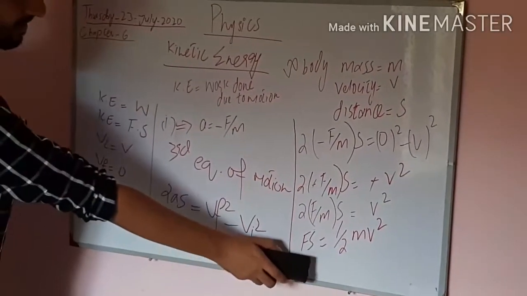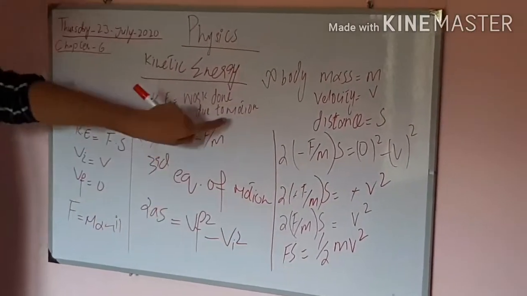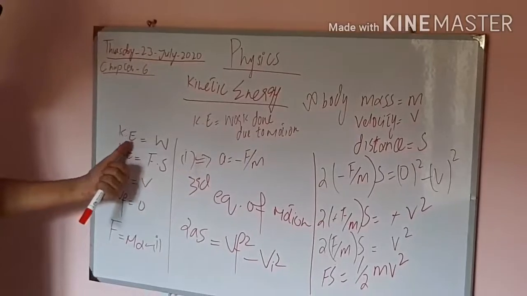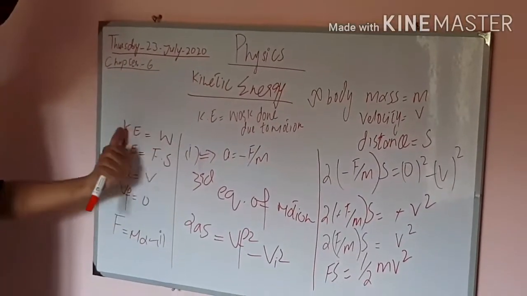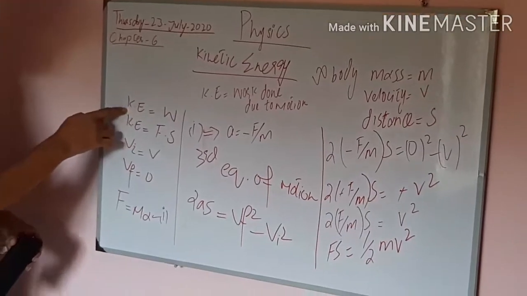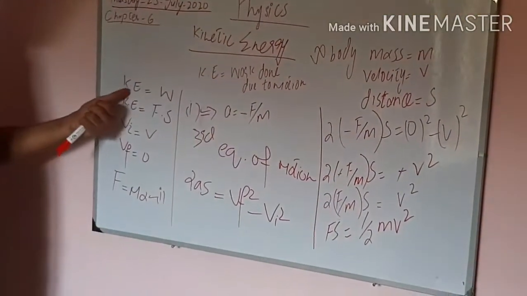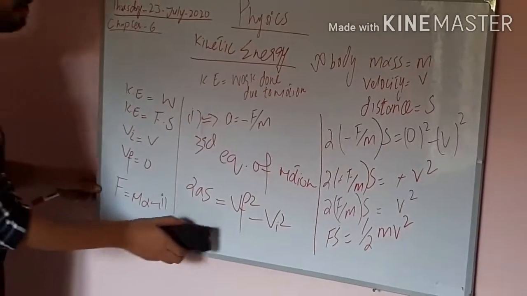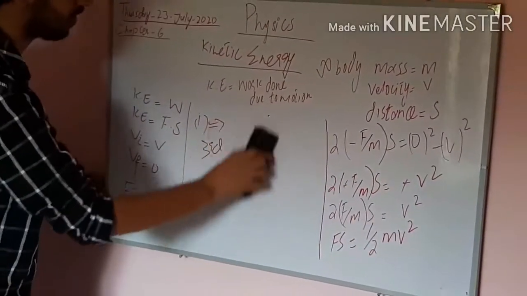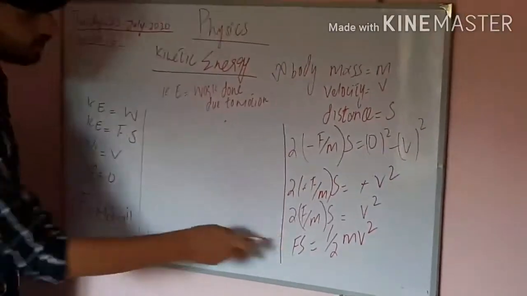Now what is Fs equal to? We know that Fs is work done, and work done was equal to kinetic energy. So this Fs will be replaced by kinetic energy, and we have the final equation of kinetic energy.